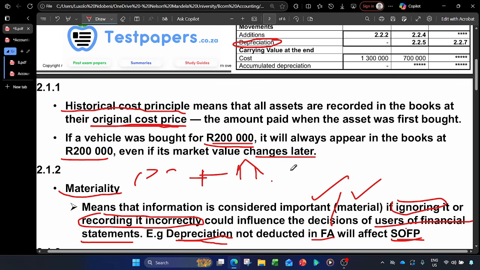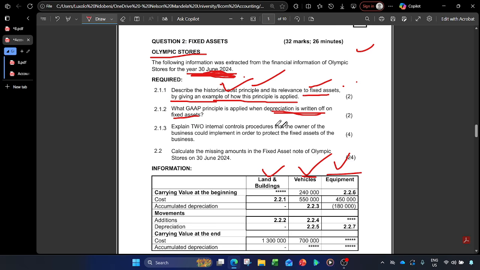Do you think now, is there anyone that will want to do business with you, or is there any investor that will be interested to invest in the business? No one. So that means that that information of the interest expense being written off against the profit before interest expense, it is material, because it could influence the decision of the users of information, right? So I think that is clear and you understand that one.